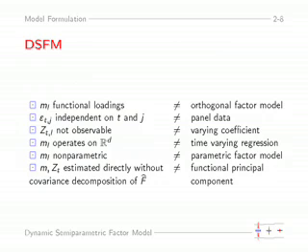So what is the difference to all these models that look very similar but have different components and assumptions? One is the orthogonal factor model is different because the M_l are functional loadings. Varying coefficient assumes Z to be known, but here the Z's are not observable.